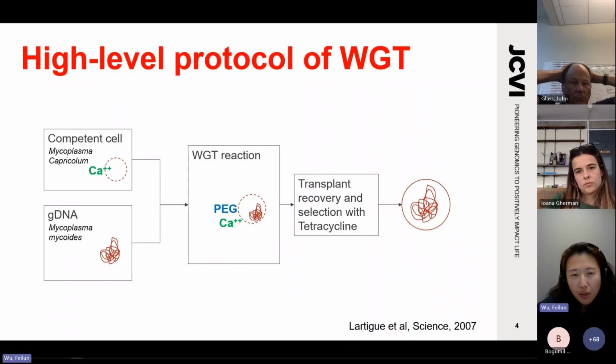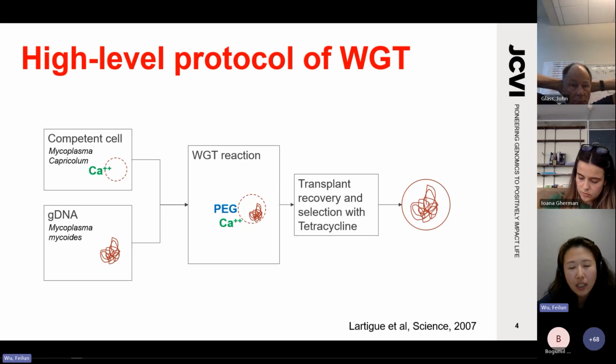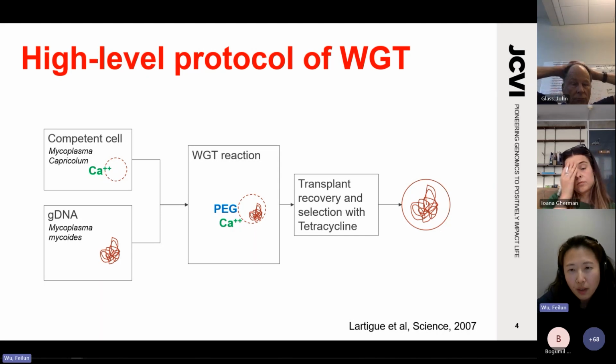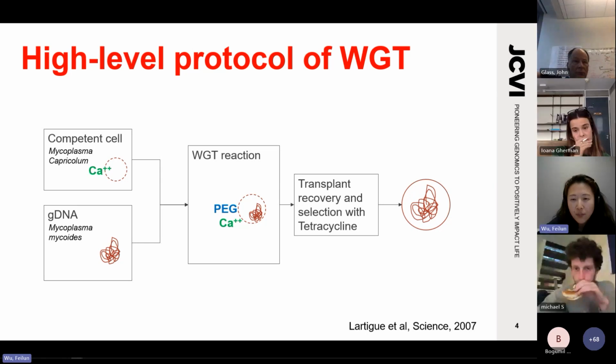And the last step is the recovery and selection, where we use tetracycline, the antibiotic resistance marker in the donor genome that is not present in the recipient genome. And we'll talk through this protocol in more detail afterwards.